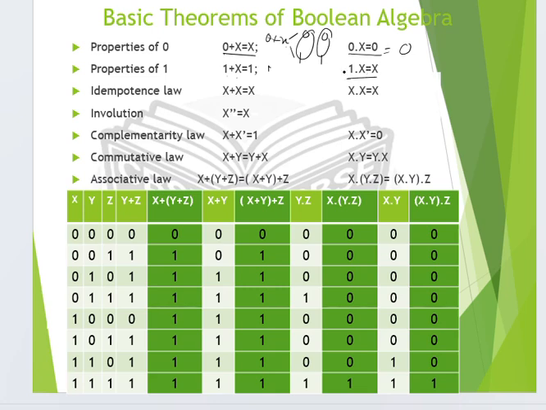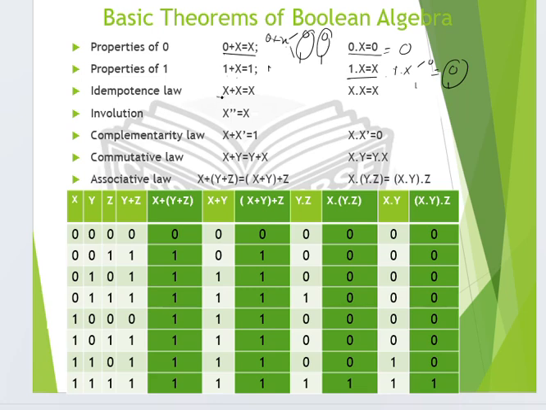In the case of 1 dot x, dot means AND, so both inputs should be 1 for the output to be 1. Depending upon the value of x, 1 dot 0 is 0 and 1 and 1 is 1. So it goes with the value of x.